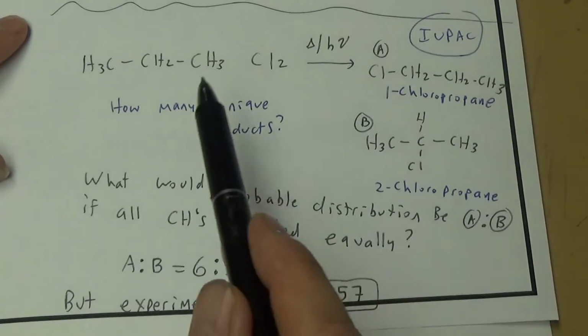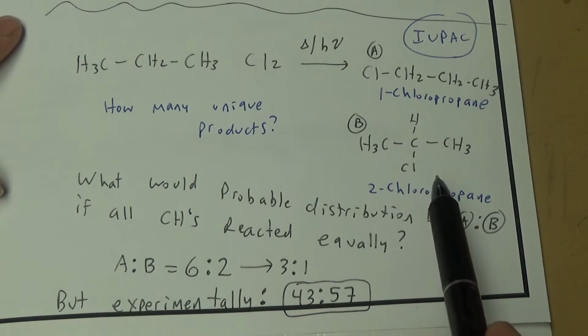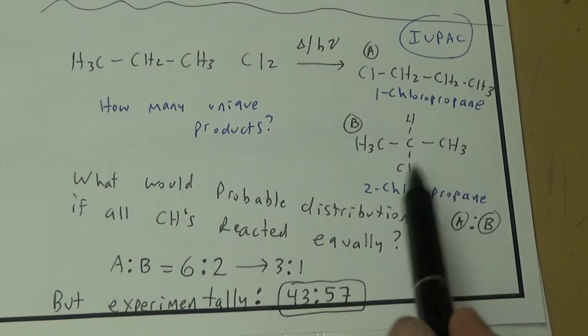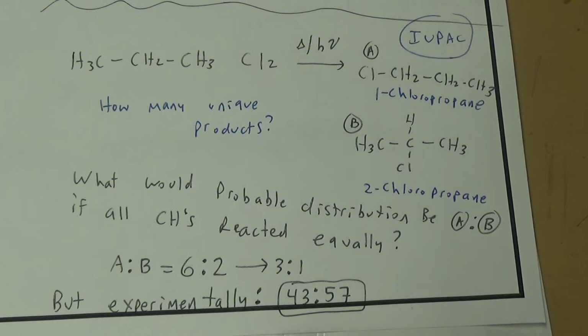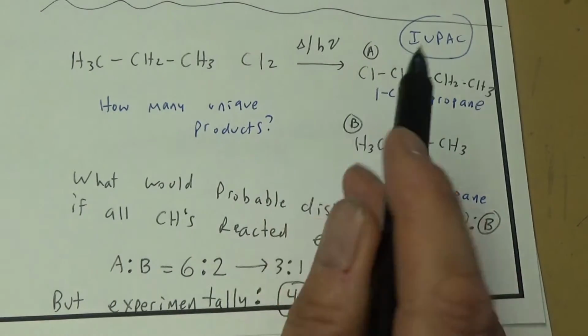So, jumping ahead a bit, experimentally, we get a lot more internal chlorination. We get a lot more B. The reason is because you go through a more stable secondary radical. Cool. So that's kind of what's going on here. We know that the secondary radical that would be formed there is more stable than a primary radical.